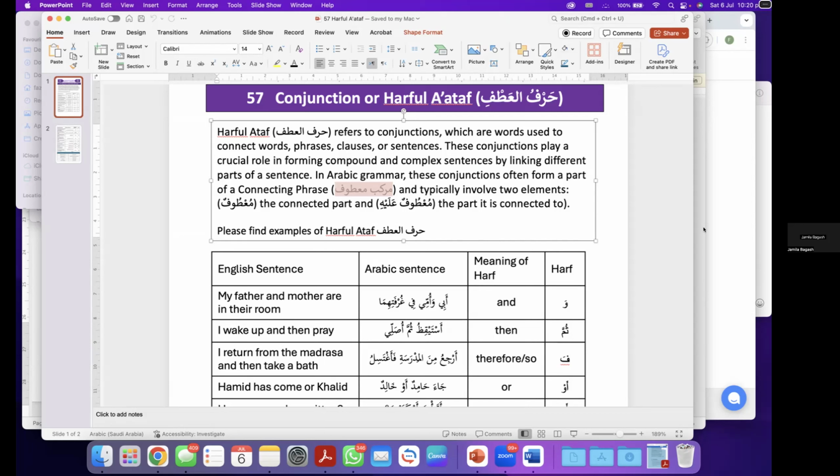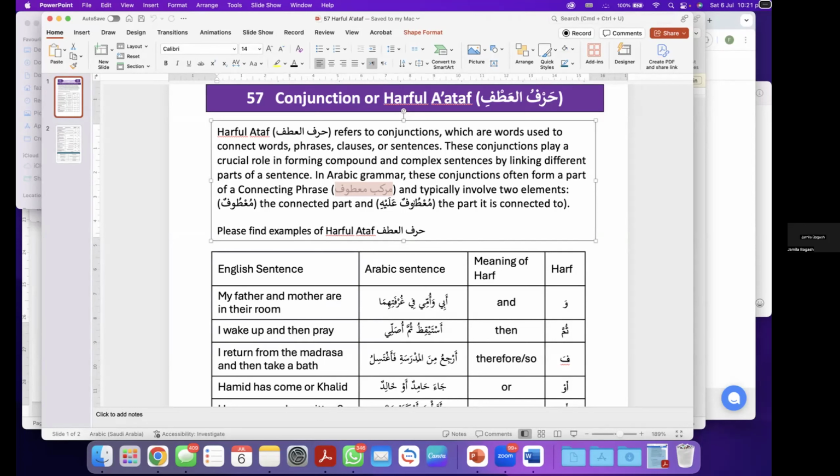If waw is the most common harf al-ataf, then the word that follows it is known as ma'tuf, and the word before it is called the ma'tuf alayhi, the matching element.